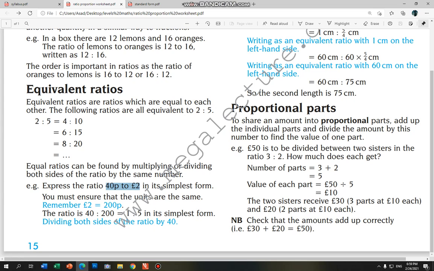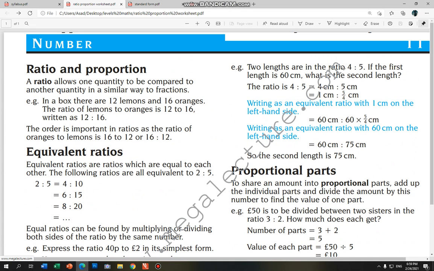In 1 pound there are 100 paisa, so in 2 pounds there are 200 paisa. The ratio is 40 to 200. If I divide both sides by 40, I get 1 ratio 5 in its simplest form.